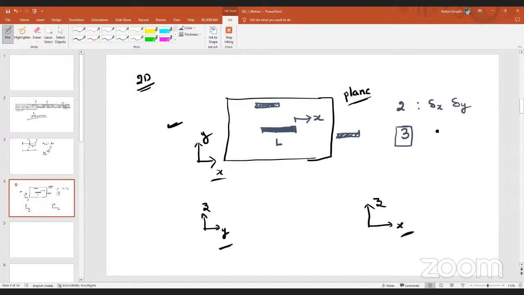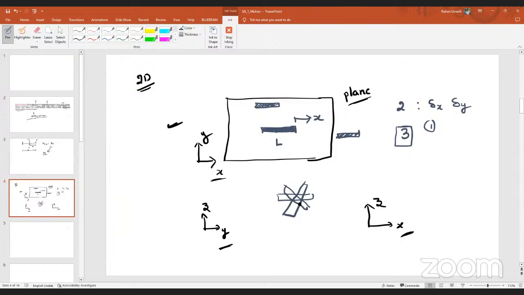What is one more possibility? Instead of moving along X and Y, the scale position won't change. The central position of the scale won't change. But what will happen? It will simply rotate with respect to some reference point, isn't it?